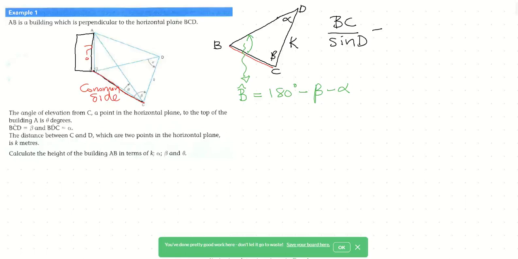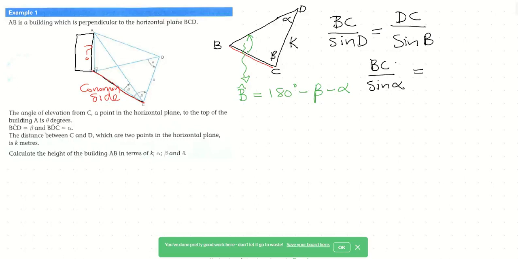I'm going to go equals to, remember, it's the side on top first, so it's side DC all over sine B. So BC we don't know, we still want to find it. BC over, can I substitute D, the angle for D? That is sine alpha, which is equal to DC.